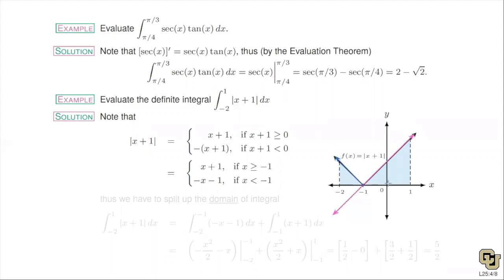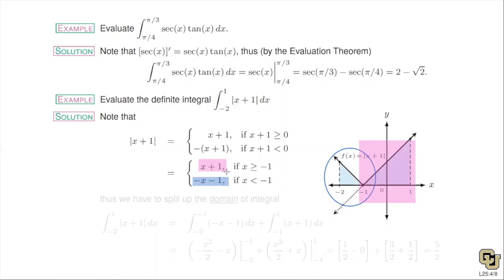So you get the graph of the absolute value of x plus 1. And so when I look at this, you see when I integrate from -2 to -1, the function I'm integrating is negative x minus 1. However, when I integrate from -1 to 1, the function I'm integrating is x plus 1.